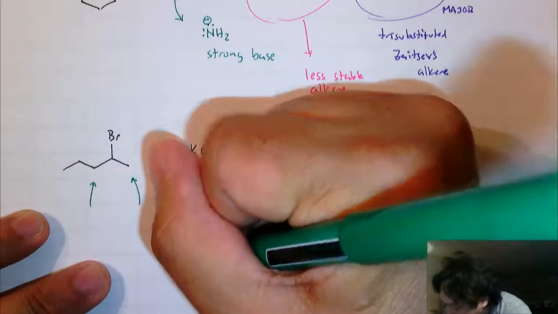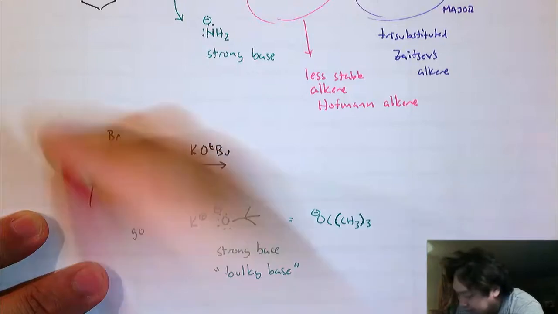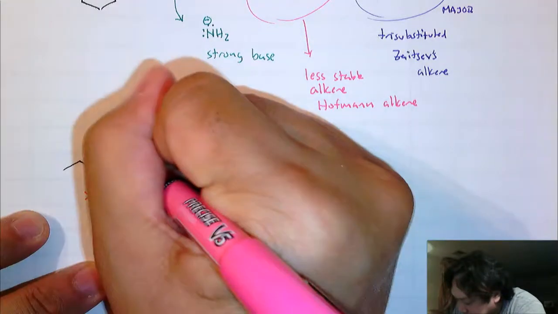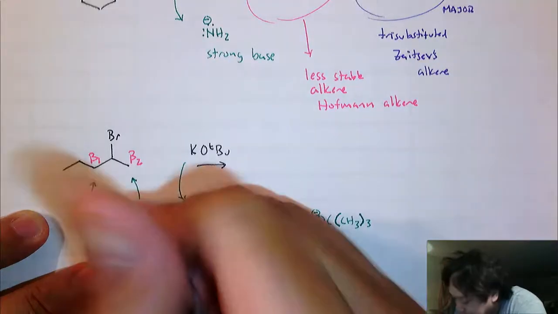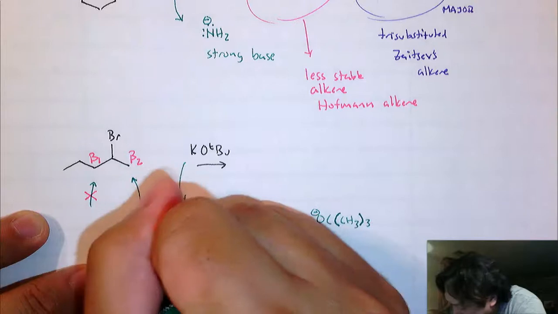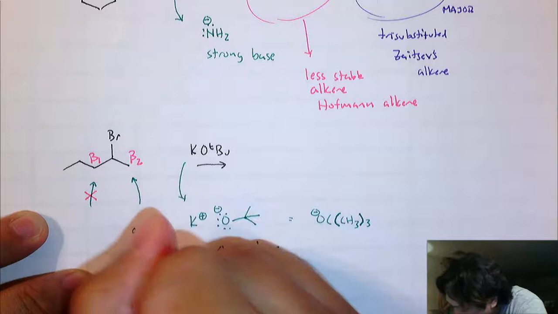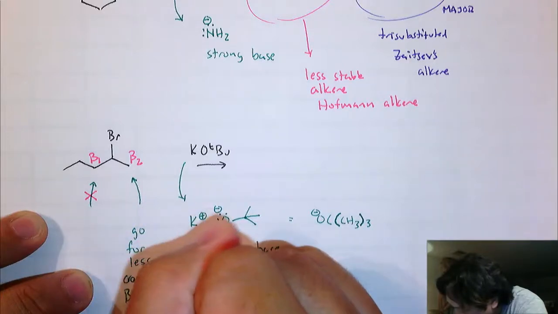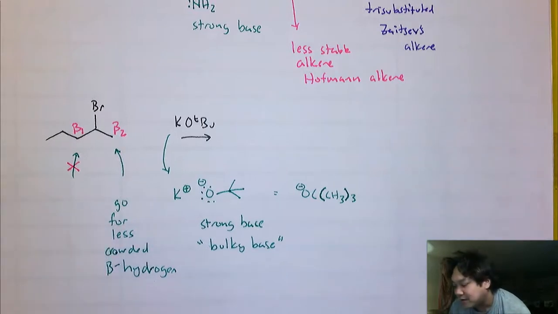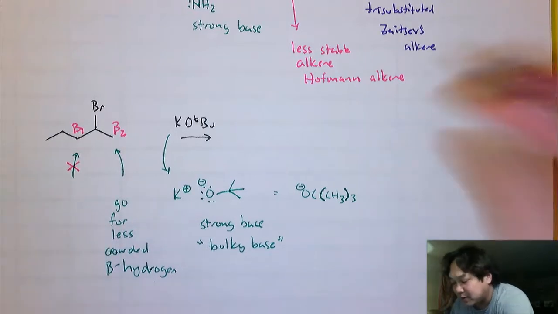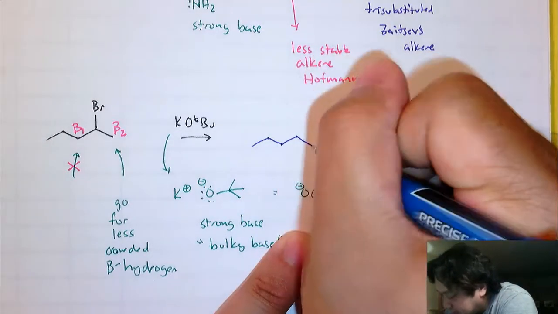So the bulky base goes for, I'll put an X here, this beta on the right. It's less crowded. Go for the less crowded beta hydrogen. Sorry, I'm a little rushed. You're still probably going to want, your professor will probably still want you to draw all the alkenes, because you do get a mixture.